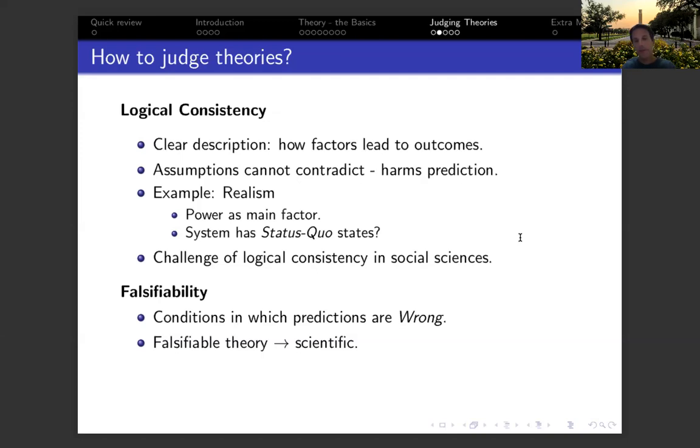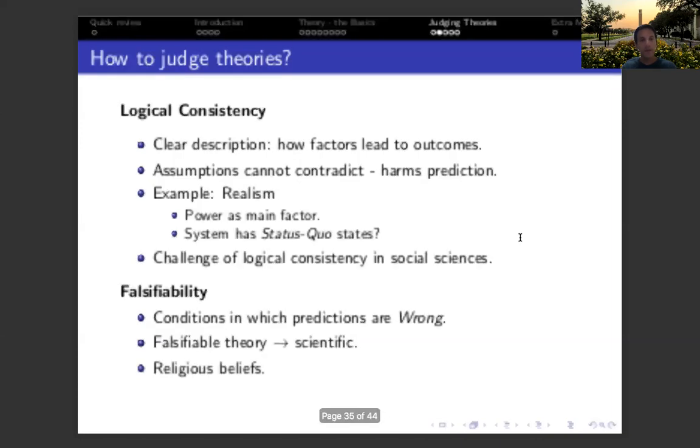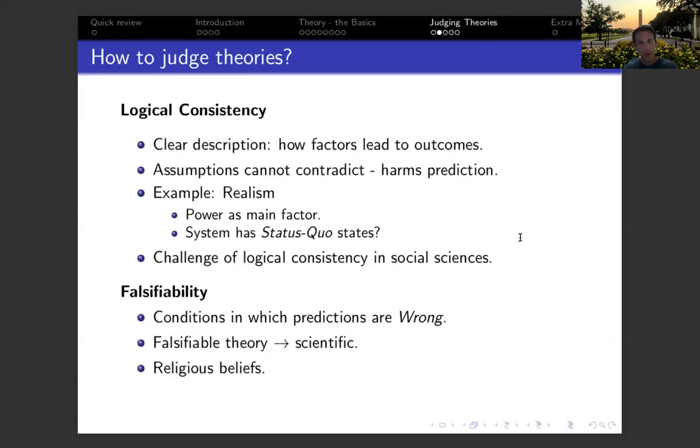As an example, to make it make more sense, let's think about religious beliefs. When we think about a religious belief, we cannot specify the conditions under which there is a God or there isn't a God, right? There may be some conditions that tell us that there is a God, but we cannot find the set of conditions that show us that our predictions, according to religious theory, if we want to call that, are wrong.